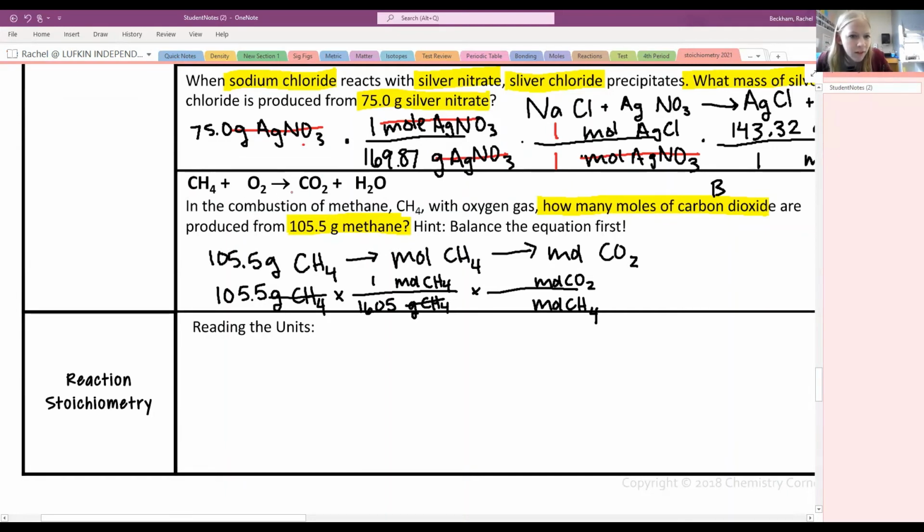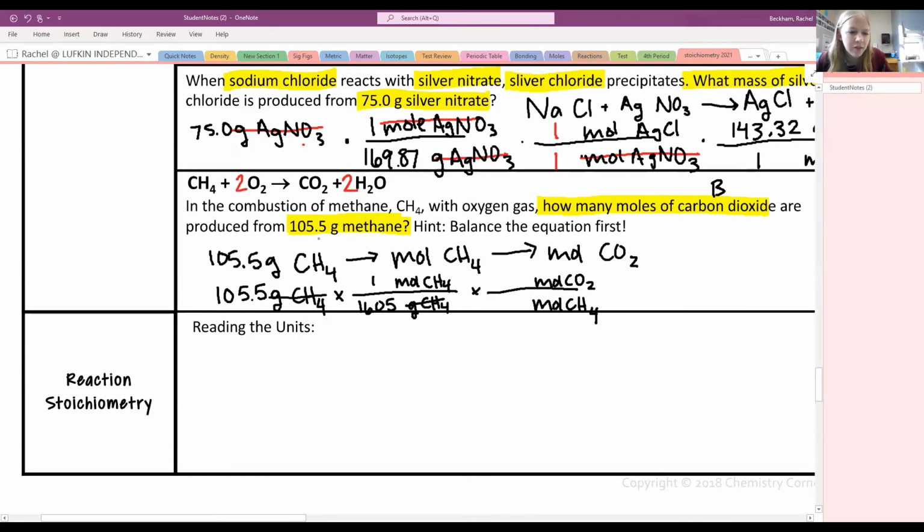My C's are balanced, but I have 4 H's here and only 2 over there, so I'm going to put a 2 here. Now I'm going to add up my O's. I've got 2 O's right here and 2 O's here, which makes 4 O's on this side, so I'm going to put a 2 right here to get that to 4.